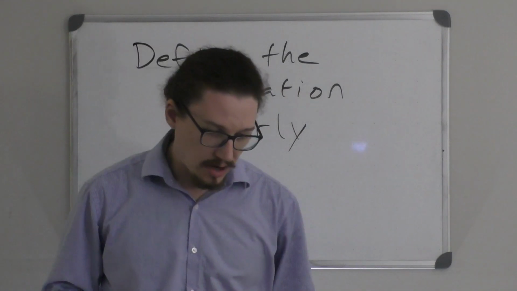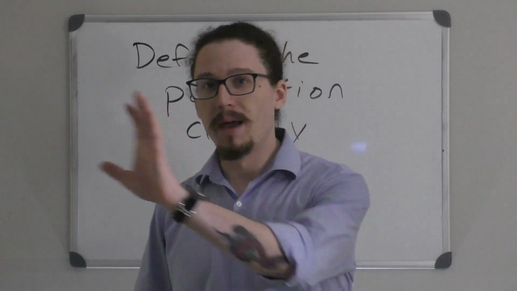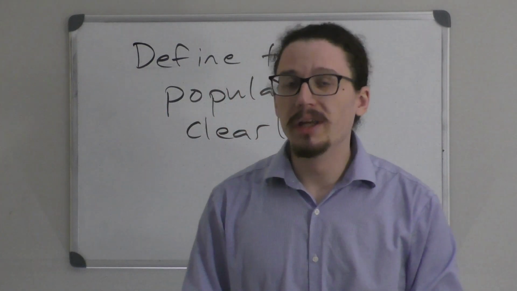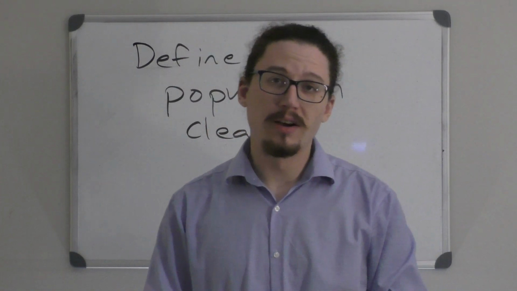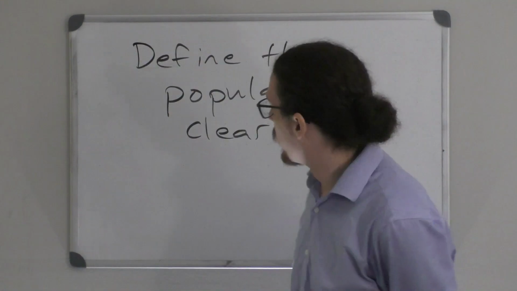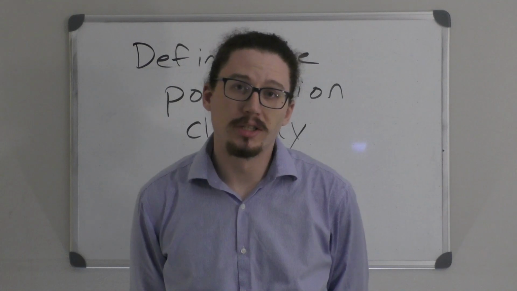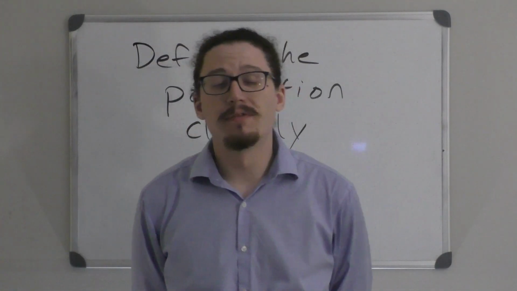All right. So again, it's very important to define that population clearly. If our sample doesn't match our population, then we either need to look for another sample or we need to change how we define our population. The big reason is that your interpretation is not going to be accurate.